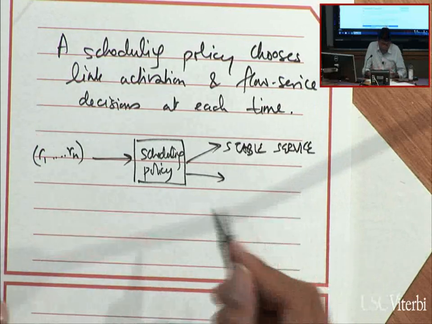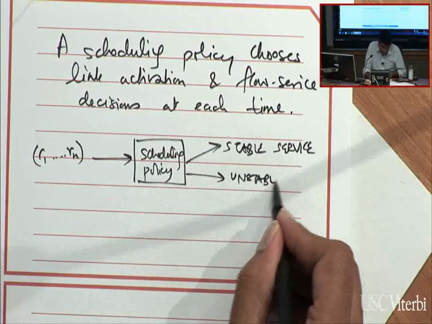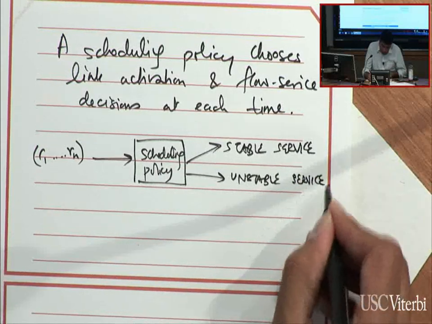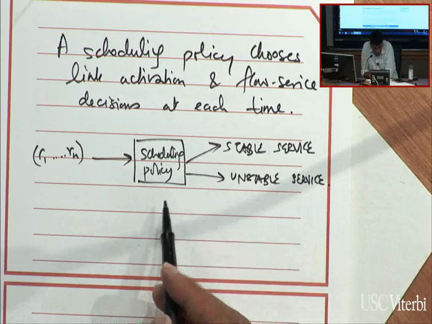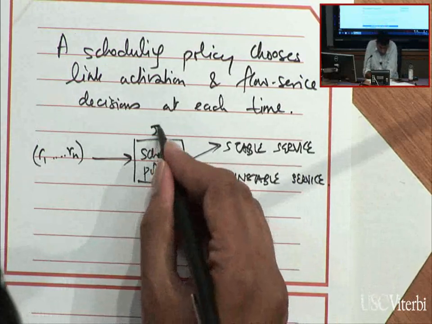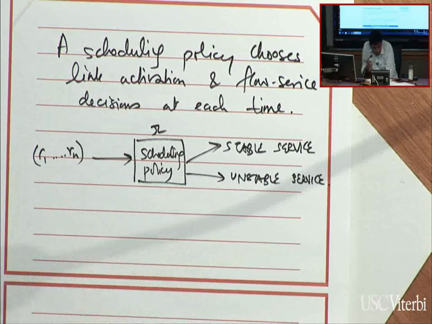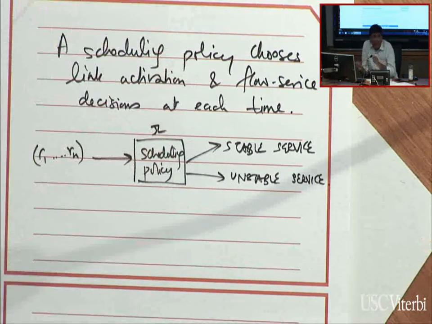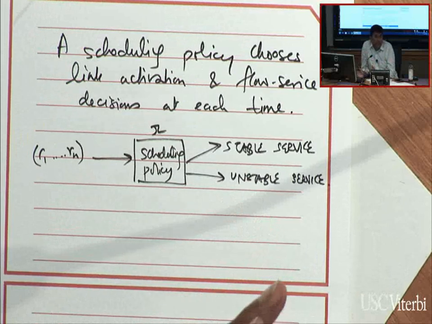Or it could be a terrible policy, and even though it could have made them stable, it ends up making them unstable. So you take some policy, let's call it pi, and it takes an arrival rate vector, one for each flow, and either it's able to service them in a stable fashion, it finds a way to move the packets around, get them to where they're needed, so long as these flows last, so that nothing blows up, or it does something bad and ends up blowing up the network.